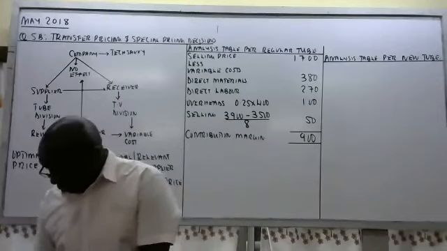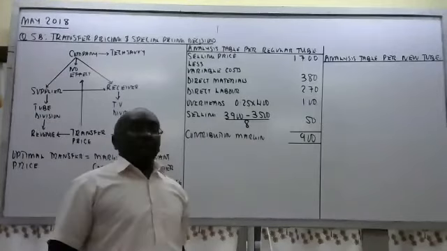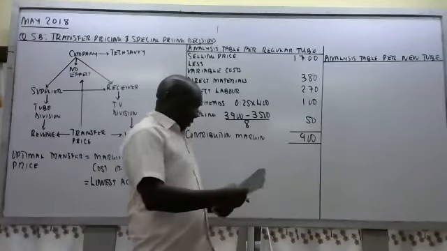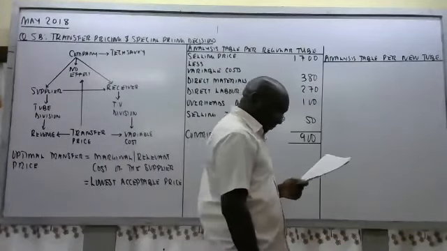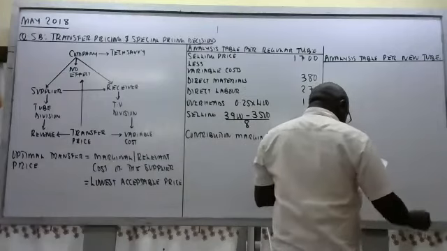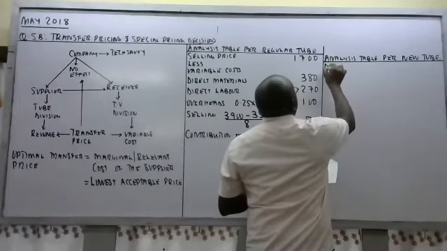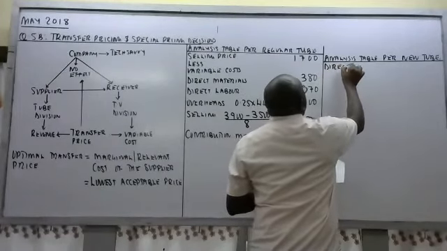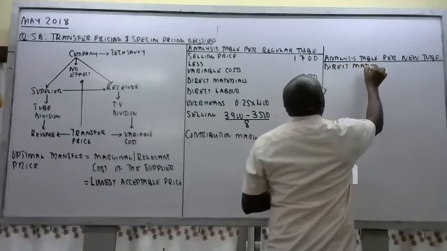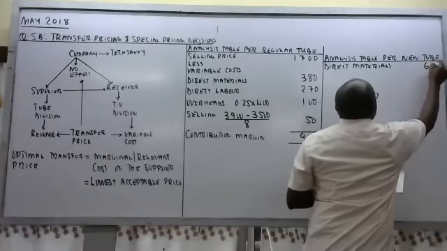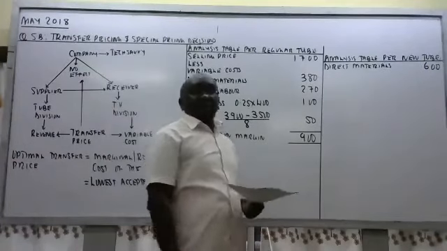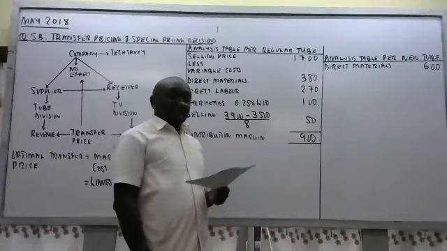The analysis table. So the new tube, as you can see there, we have direct materials. Direct materials is 600.